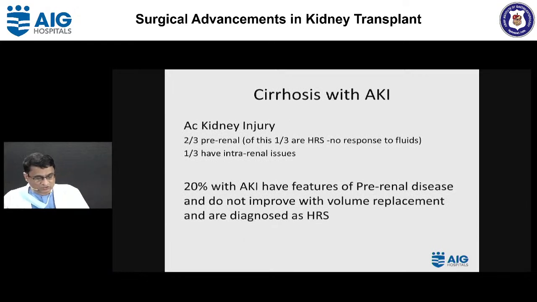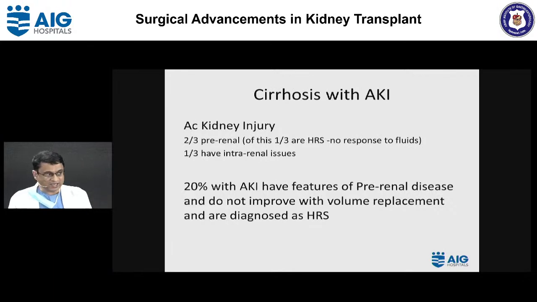If you look at cirrhosis with AKI, 2/3 of them are pre-renal. Of this, 1/3 are hepatorenal, which do not respond to fluids, and 1/3 of them have intrarenal issues. So about 20% of this subgroup, that is cirrhosis with AKI, actually have pre-renal disease, which can be diagnosed as HRS.